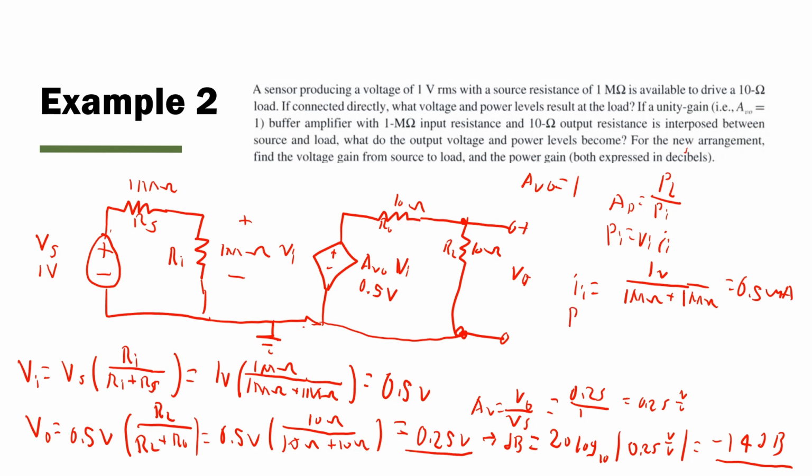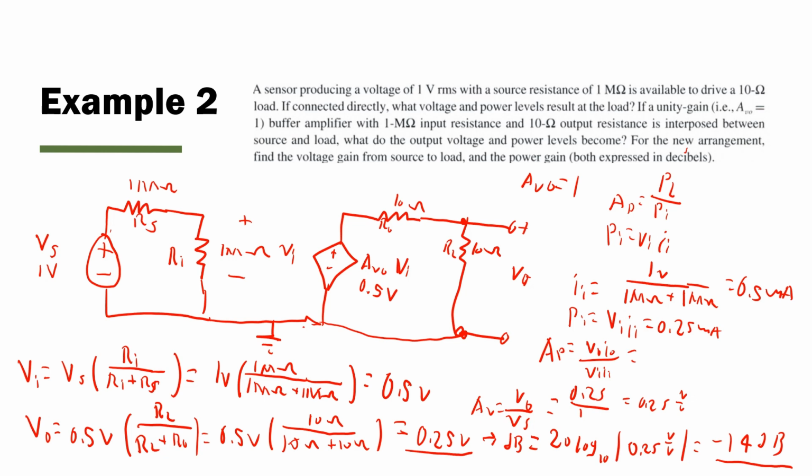So therefore, input power is equal to my input voltage times my input current, which is 0.25 microamps, because we have 0.5 times 0.5. So my power gain will be the power at the load, which is, again, just V out times I out, so V out, I out divided by V in, I in.